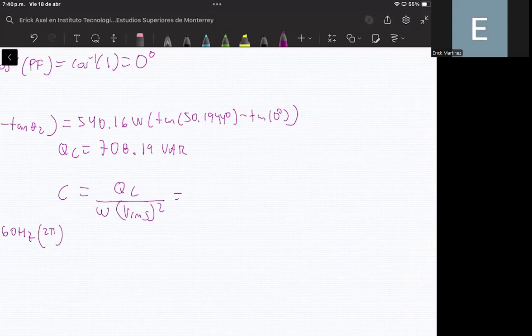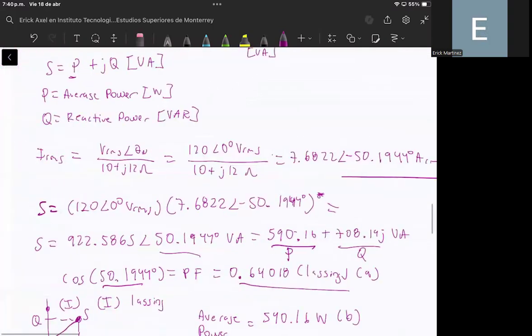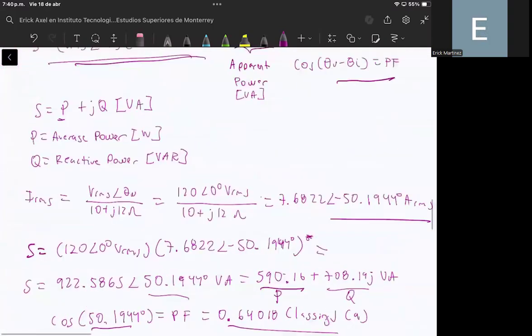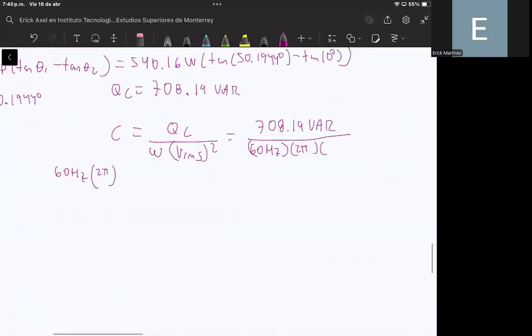To find the value of the capacitor, this is equal to 780.19 volt ampere reactive divided by 60 hertz times 2 pi, times the square of the voltage, which in this case is 120.